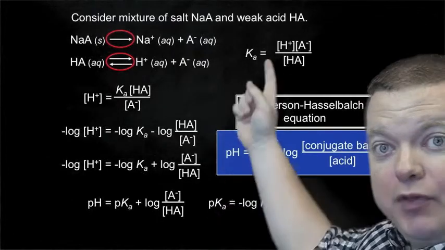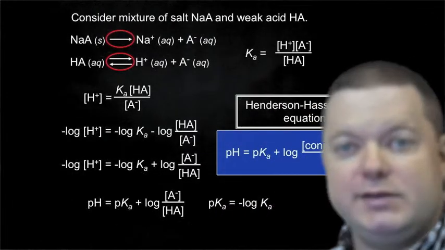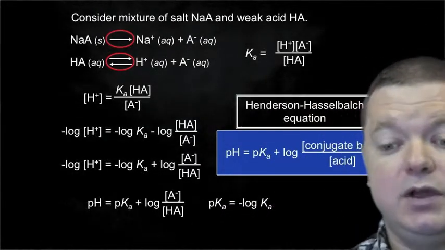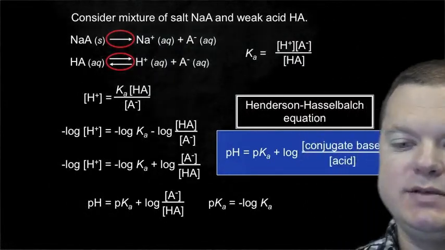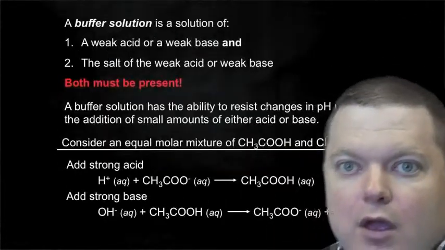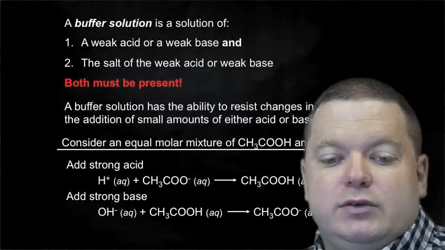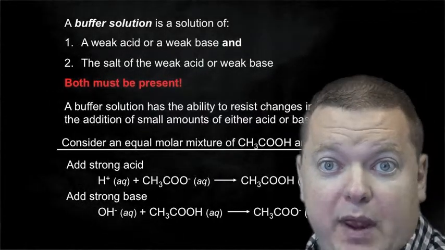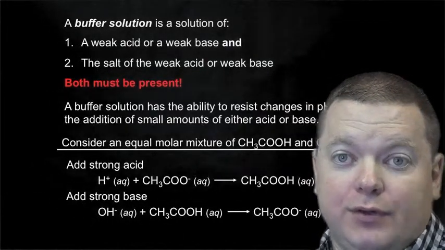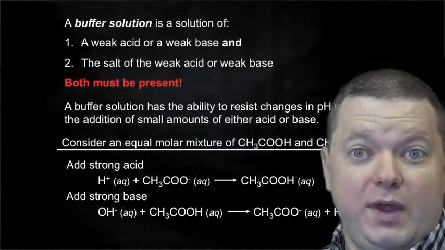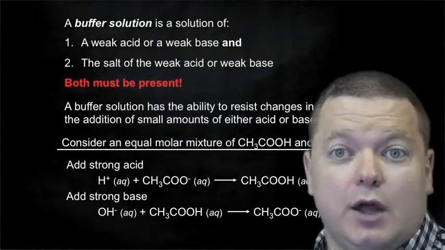And if we have both of these present, the acid and its conjugate or the base and its conjugate, we refer to that as a buffer. So a buffer solution is a solution that contains a weak acid or base and the salt of that weak acid or base, or the weak acid or weak base plus its conjugate.